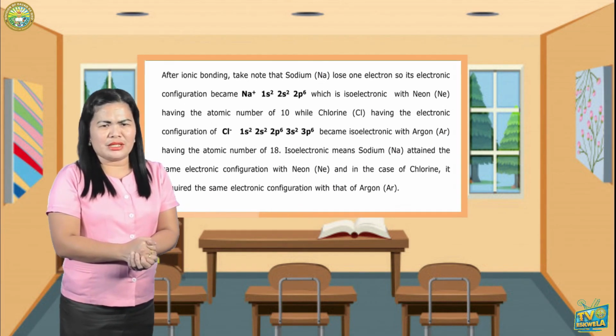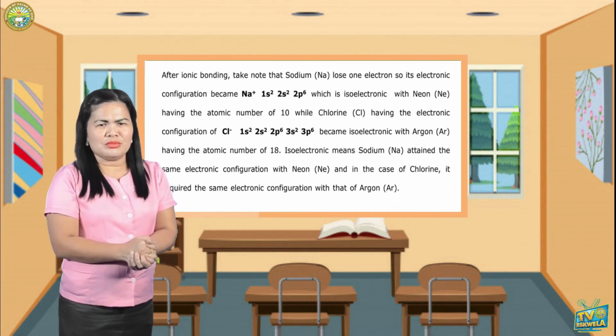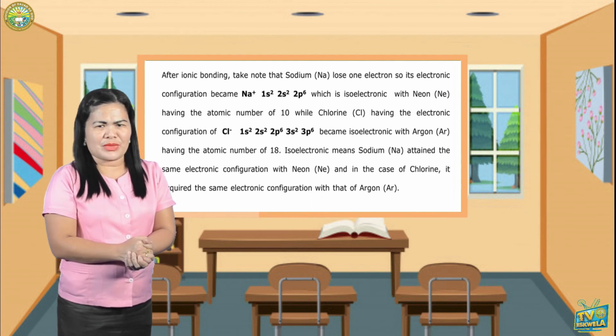After ionic bonding, take note that sodium loses 1 electron.